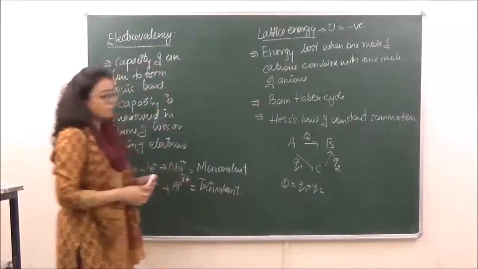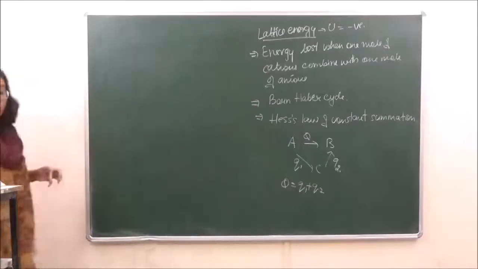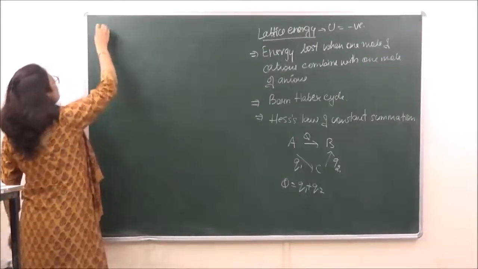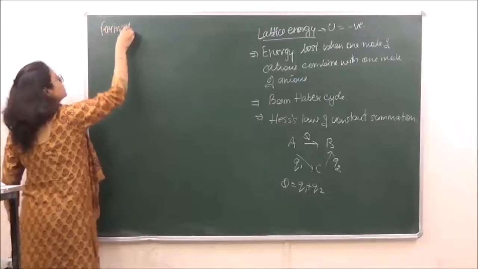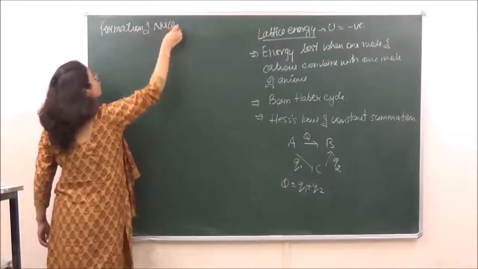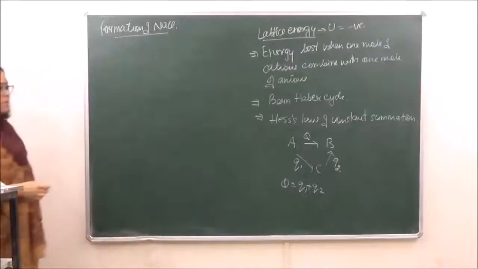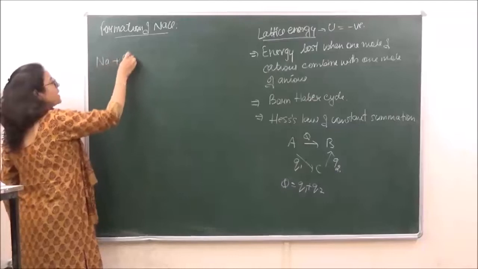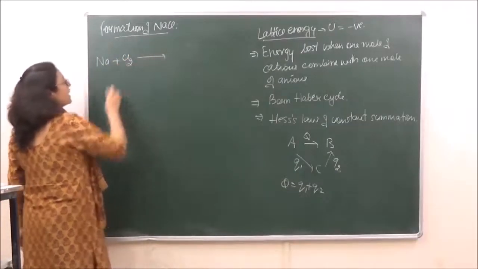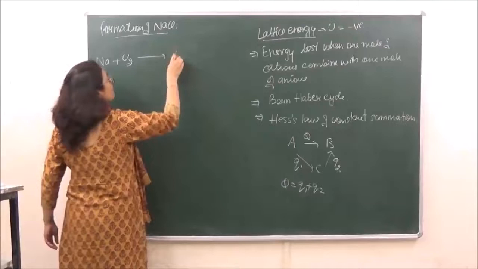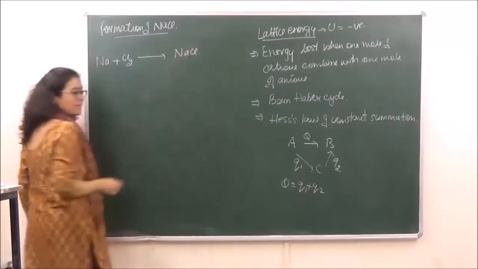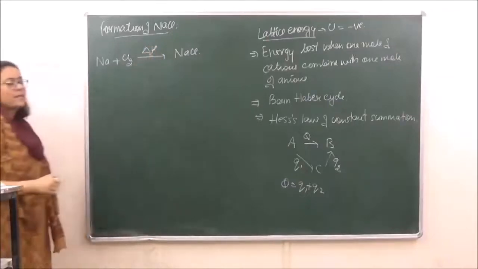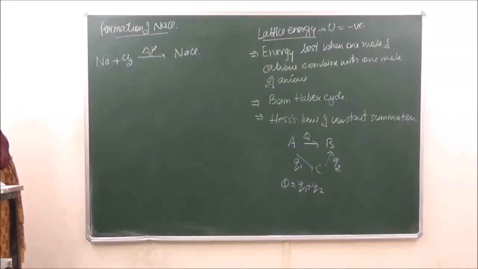So this is Hess law of constant summation, and this law is the base of the Born-Haber cycle. How do we explain the Born-Haber cycle? Let's take the example of sodium, formation of sodium chloride crystal. Okay. Now according to the reaction, we can say that Na combines with Cl2 to give us NaCl, and the energy changes can be represented by delta H reaction, right?